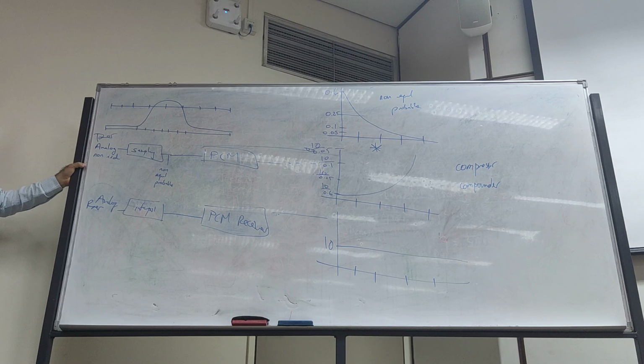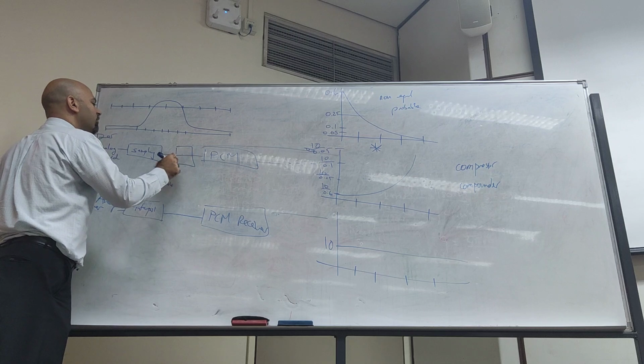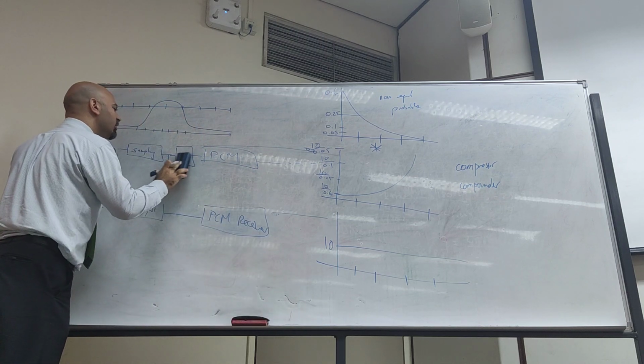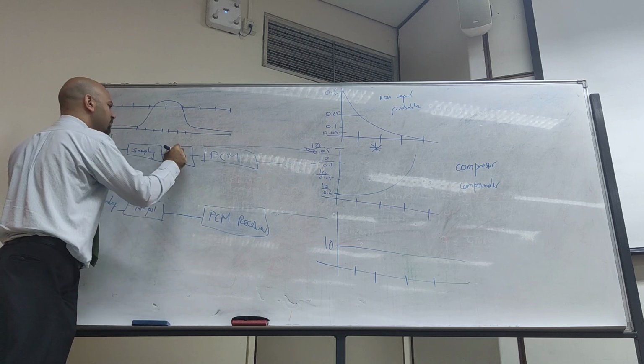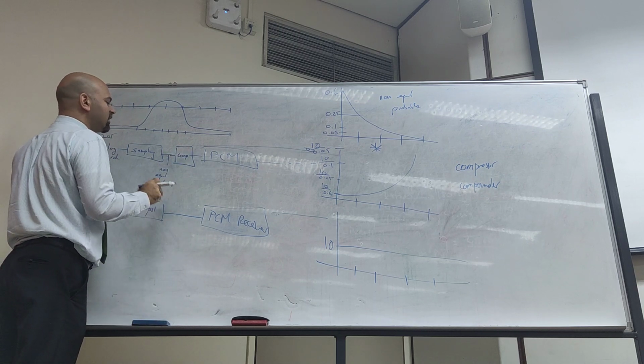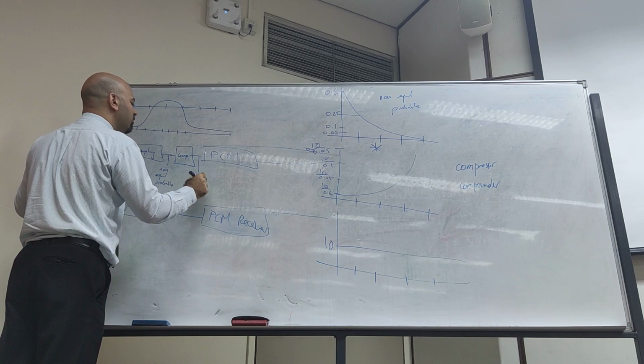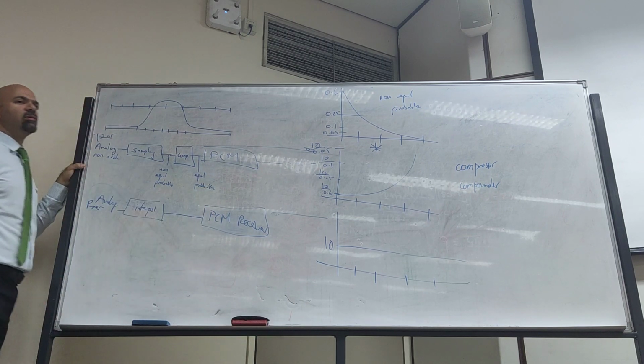But we want to use the PCM. So what to do? They said, use a unit here, and this is the compressor. The compressor will transform the non-equal probable into equal probable. Now the PCM will work.